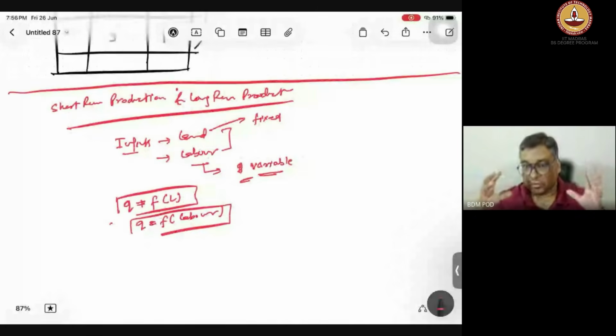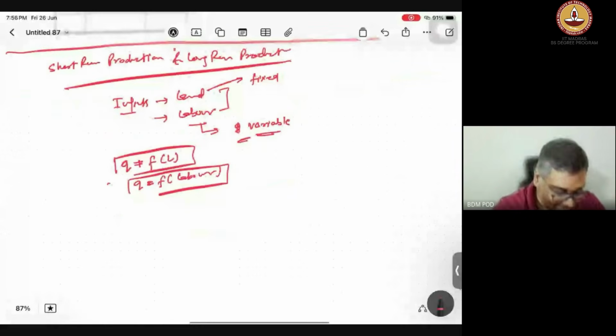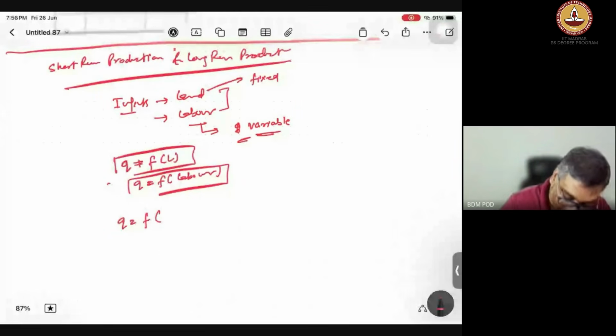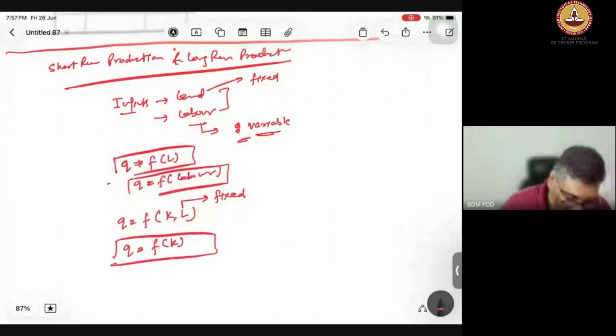So if the land is fixed, then whatever quantity we need to produce depends upon how much labor we engage. The production is going to increase or decrease based on the labor, because we have only two inputs here. So Q is a function of K and L, where L is fixed. From here, Q is a function of only K. I hope it is clear.